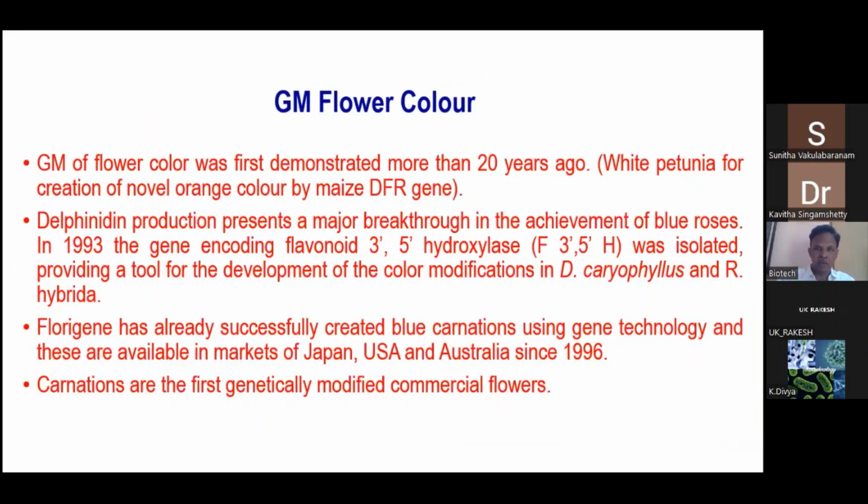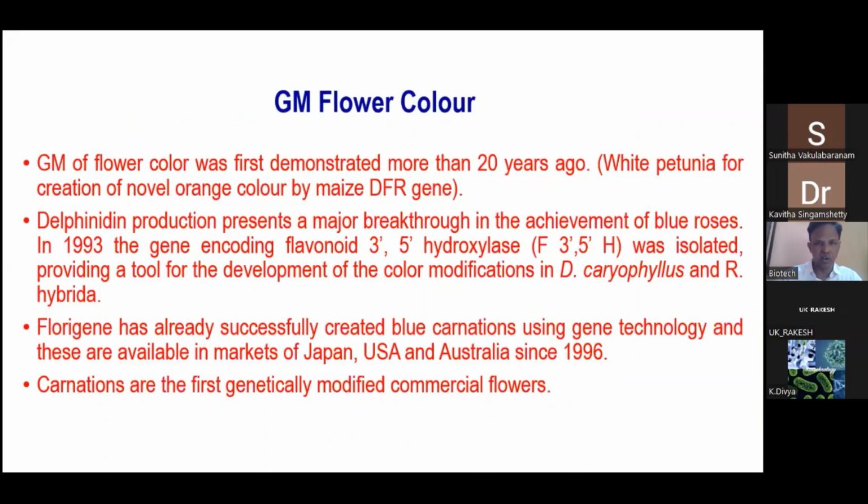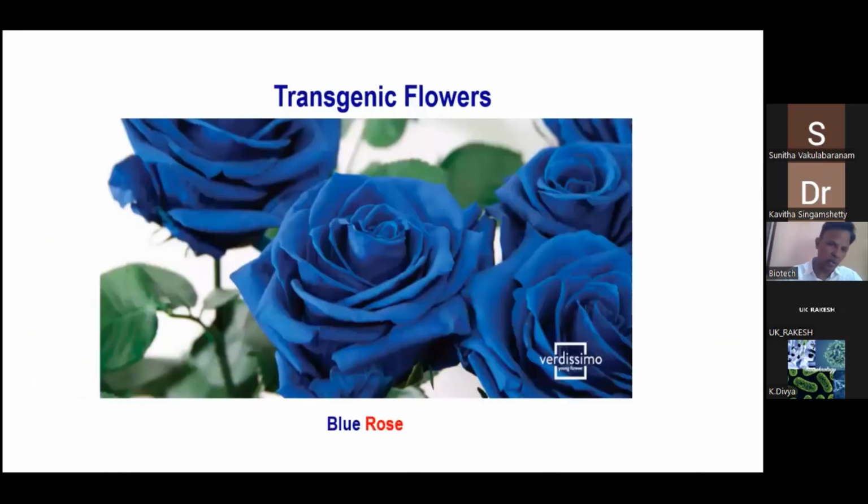And then another very important thing that you can think of is your blue rose. Blue rose is not naturally available, but scientists have developed what you call as blue rose. They have used a gene called TFR gene from maize, and that is introduced into this plant, and then you have a blue rose.